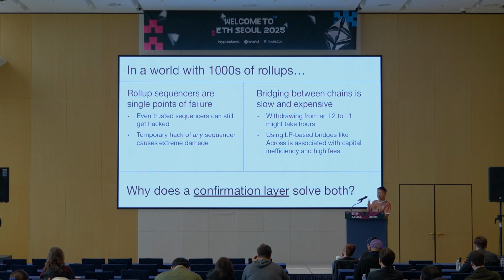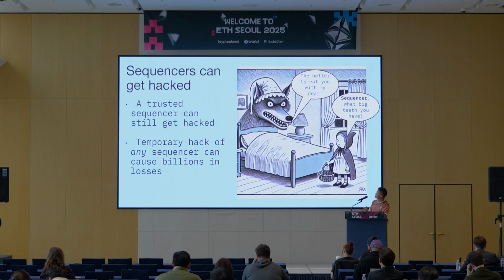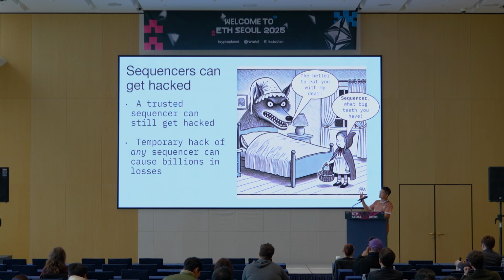So what we're building at Espresso, we call it a confirmation layer. Now, why does that solve both of these problems? I'll talk about the security problem first. As I mentioned, every rollup basically has a single central server that is deciding which transactions to include and what the ordering of those transactions is.